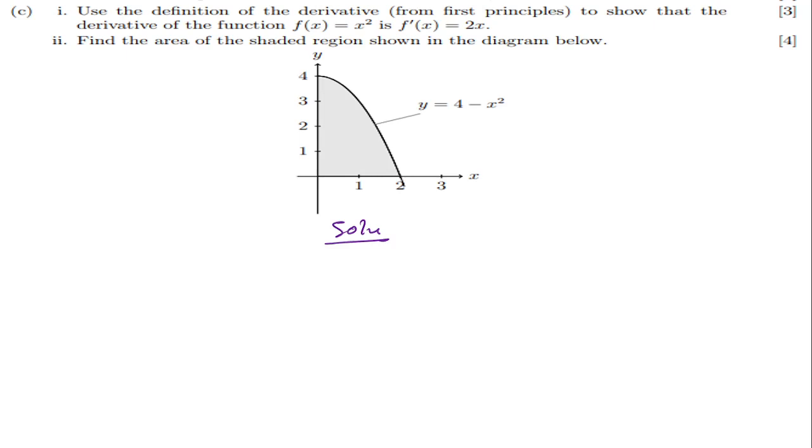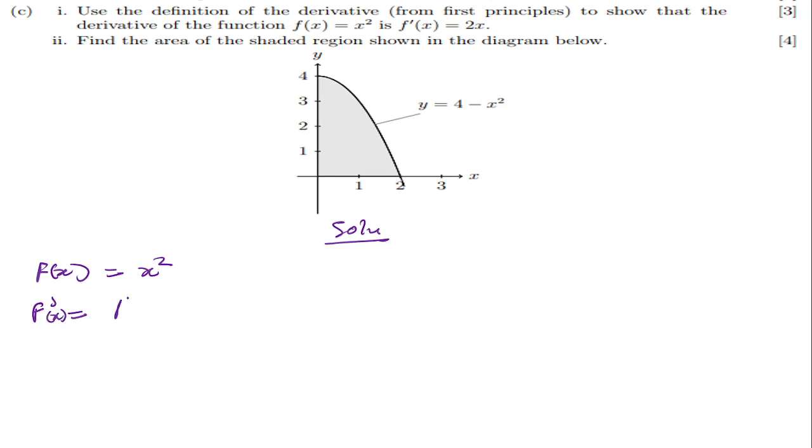But since this question was not in Math 1100 so far, I'm going to solve it. But when we meet it in Math 1100, I'm not going to solve it. So you have f of x, trust me, this was a free mark, x squared. So what you are going to do is f prime of x, which is dy dx, using the first principle. The formula is as follows.